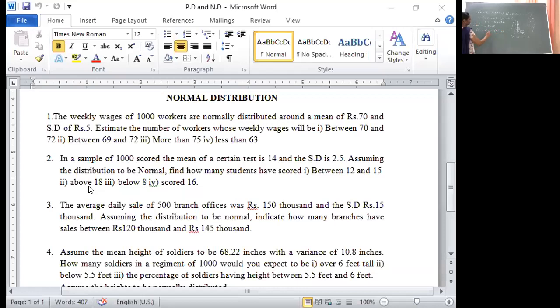From the problem we know that n value is 1000 and the probability of x greater than 18 is 0.0548. Finally, we will get this value as 54.8. After decimal point, if it is more than 5, we will round it off. Then it comes under 55.